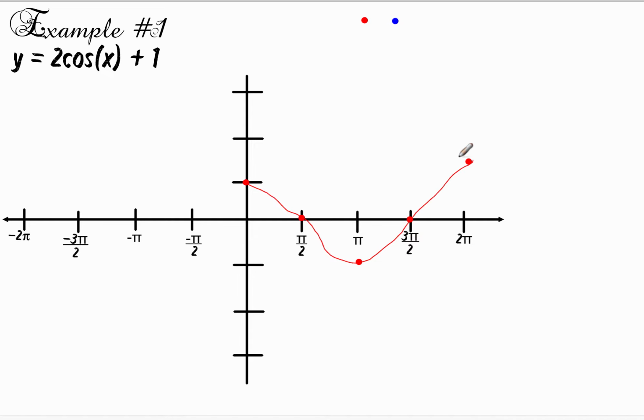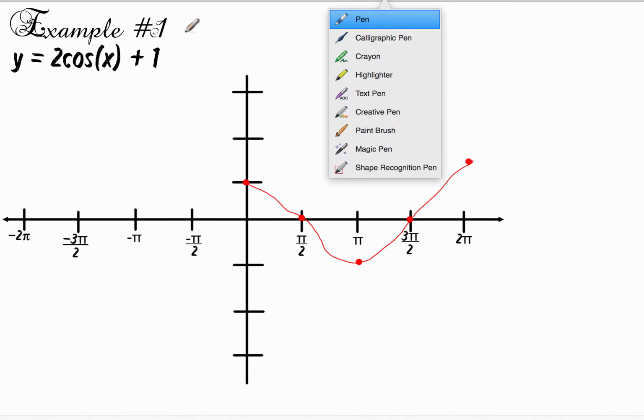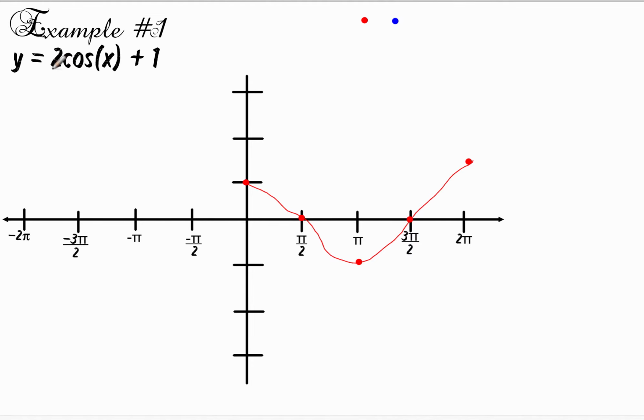Now, they want me to double my cosine wave. That's the next step that it's asking me to do, is to double my cosine wave. So in this blue, I'm going to double each point. So instead of it being at 1, it's going to be at 2. When I double 0, I'm still at 0.